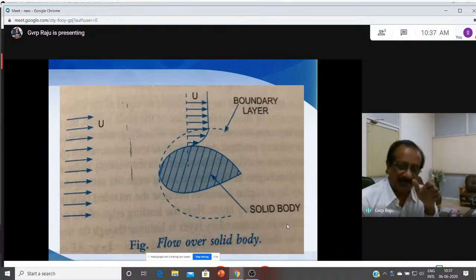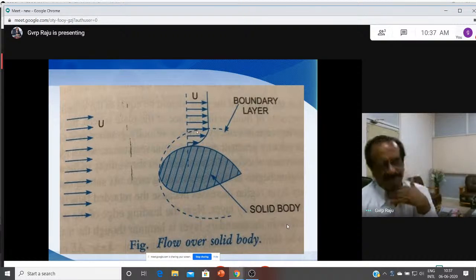You can expect that the fluid is moving, but not with full velocity, with reduced velocity on account of viscosity, on account of the solid body. And if you go slightly further away, at a particular point the velocity of the fluid reaches the free stream velocity.